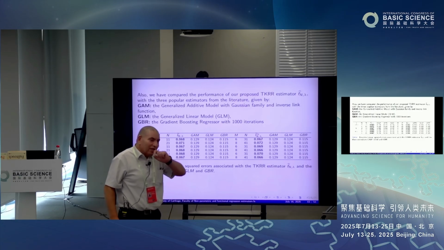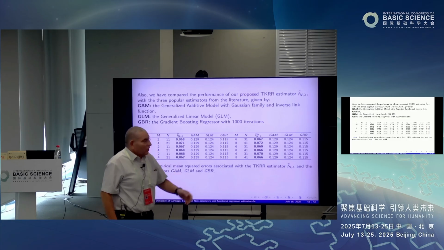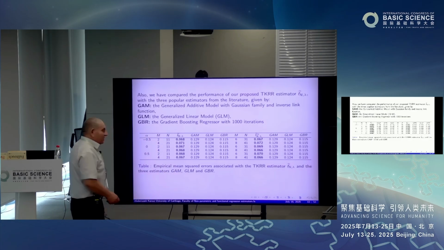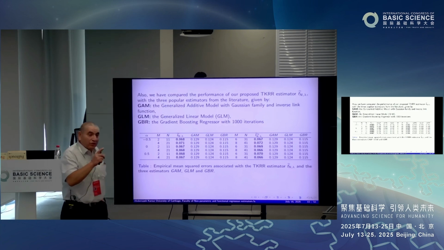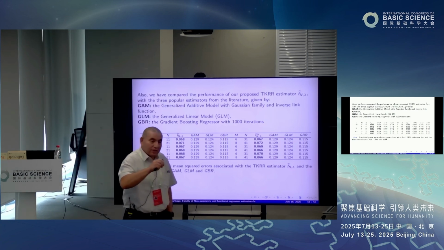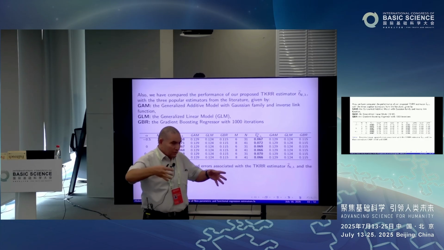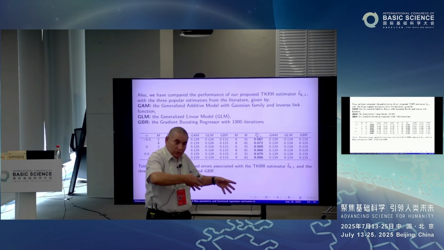Yes, a little bit different. Why? Well, of course, I'm not so sure, but that's the theory. The theory says that you don't need too much information to get good results.